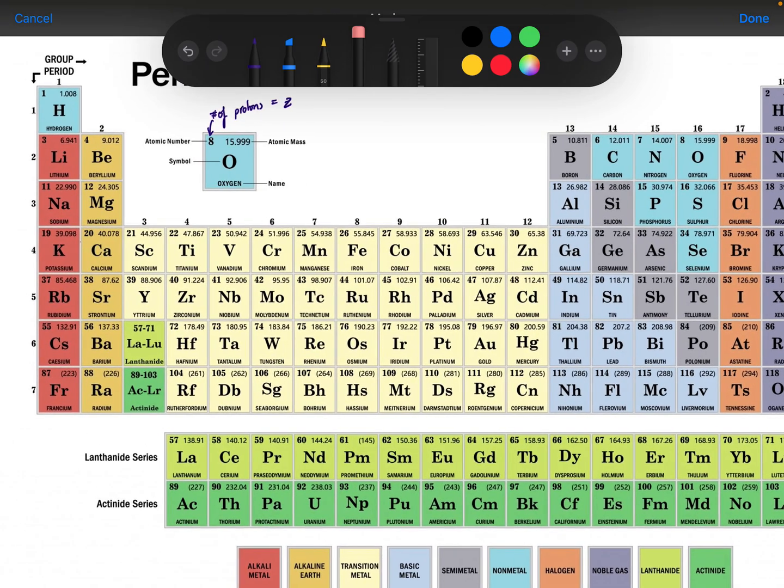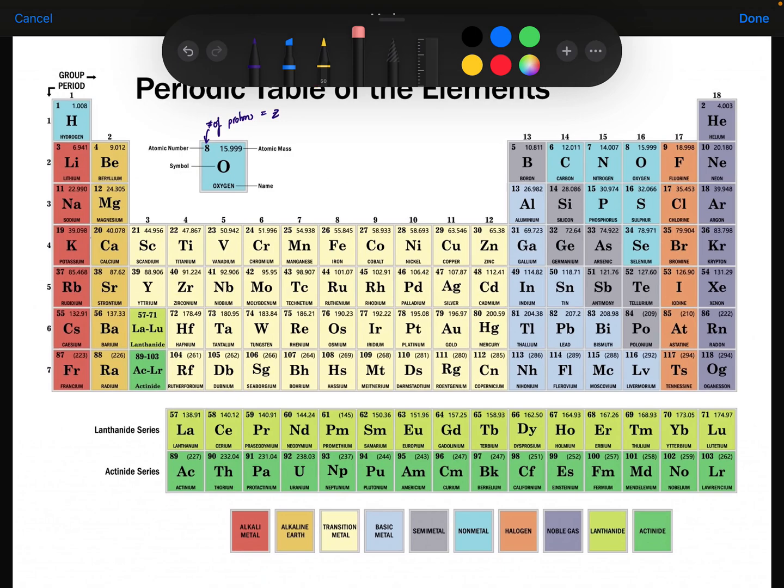All right. Now let's take a look at how these trends follow along in the periodic table itself. I'm going to use blue for electronegativity.